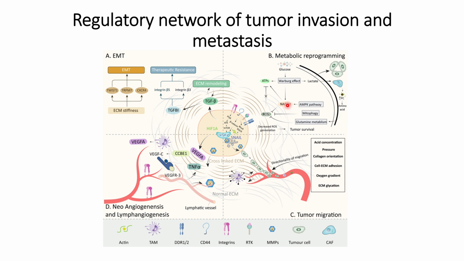This will finally lead to a decrease in the ROS, or reactive oxygen species, and this decrease in the ROS will ultimately lead to an increase in the life of the tumor, or it will promote tumor survival.